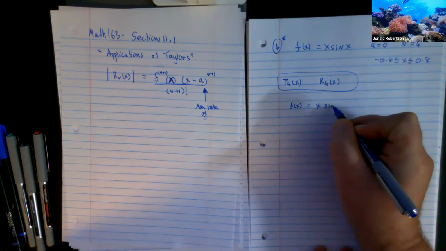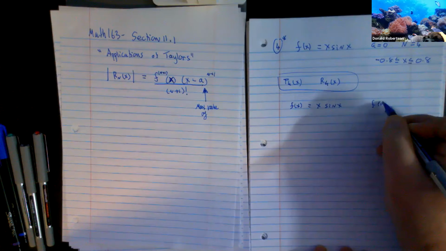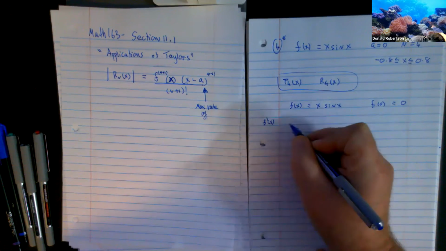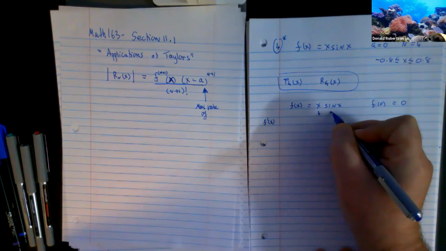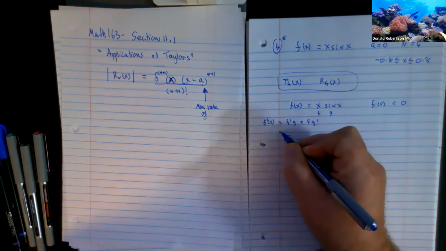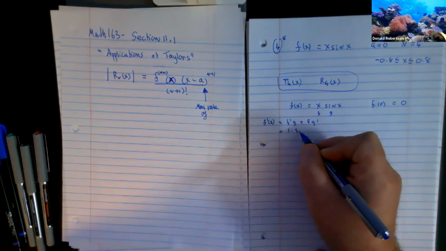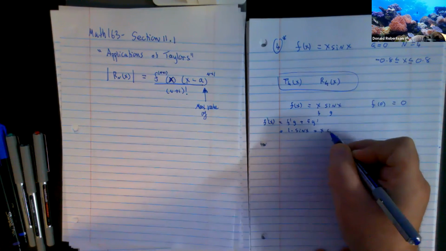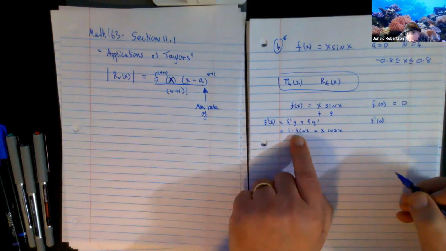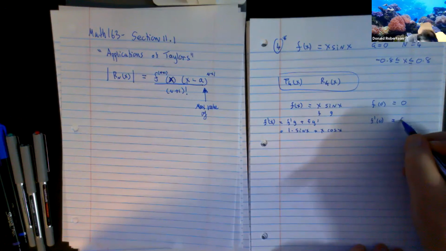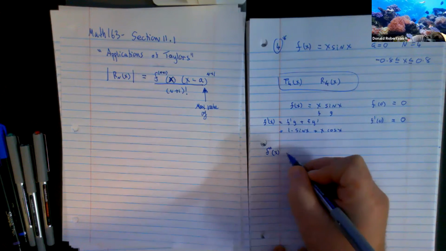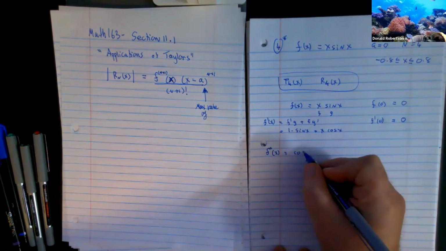Here's my first function. If you evaluate it at 0, the answer is 0. If you want to do the first derivative, you call this guy f and g, and you will use the product rule. If you evaluate the first derivative at 0, that gets you 0, and that gets you 0. Oh, another 0. To get the second derivative then, differentiate that guy, you get cosine x.